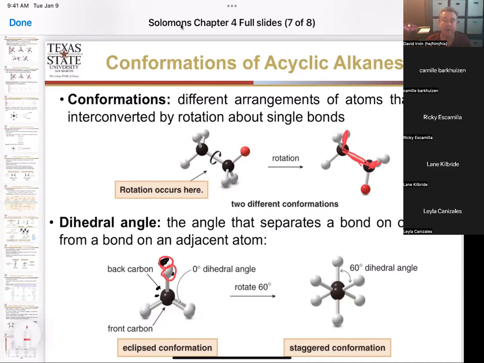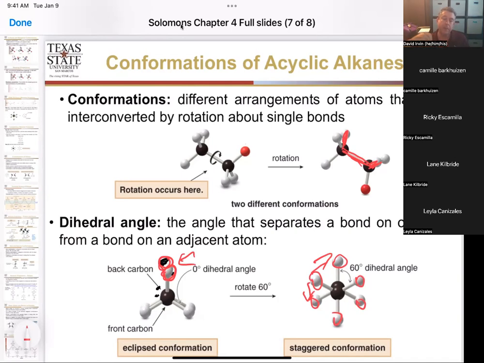We call that the staggered configuration. In the case where all the atoms are exactly the same size, they're going to be as far apart from each other as possible, and this is going to have the lowest energy. Lowest energy because they're as far apart as possible. In this one right here, these two atoms are butting up against each other and see each other through space, that electron-electron repulsion. So there's energy associated with that.